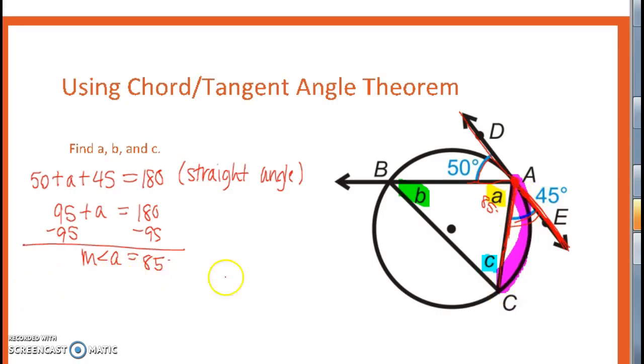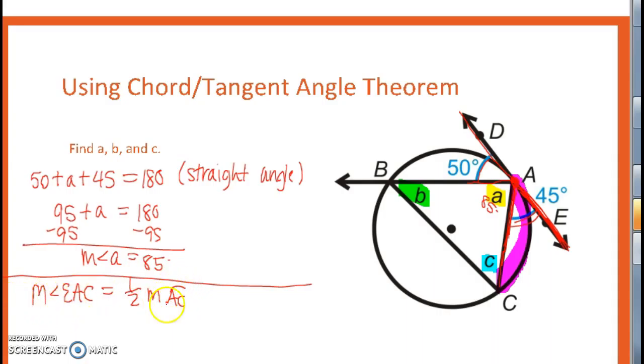So I can say that the measure of angle EAC is equal to 1/2 the measure of arc AC. And that's still the chord tangent angle theorem.